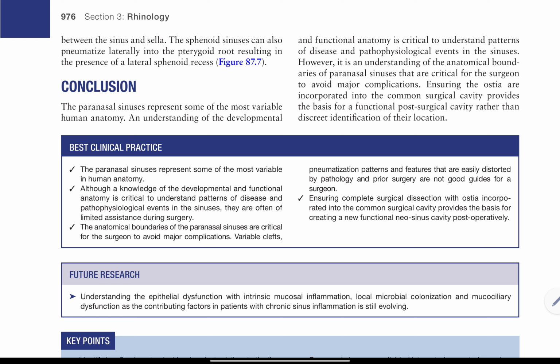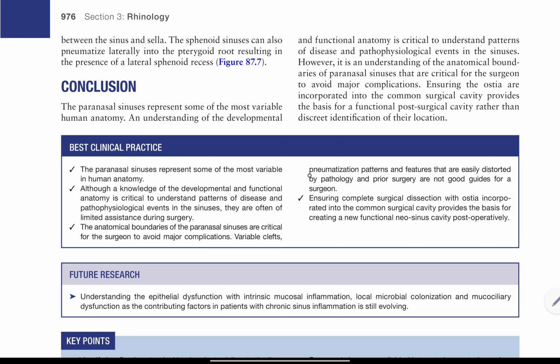Best clinical practice. The paranasal sinuses represent some of the most variable anatomy in humans. Although a knowledge of the developmental and functional anatomy is critical to understand patterns of disease and pathophysiological events in the sinuses, they are often of limited assistance during surgery. The anatomical boundaries of the paranasal sinus are critical for the surgeon to avoid major complications.